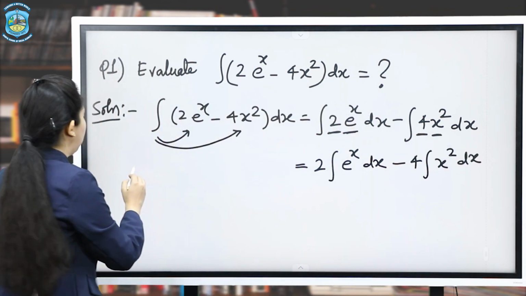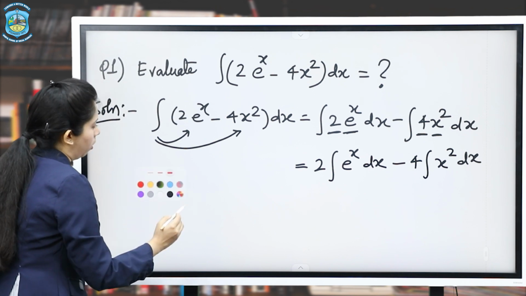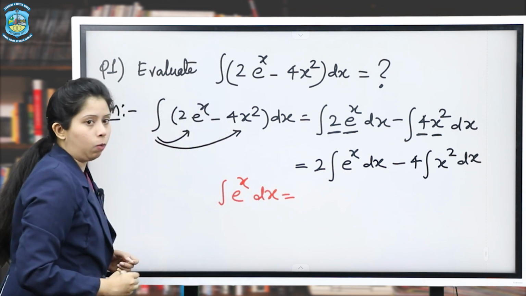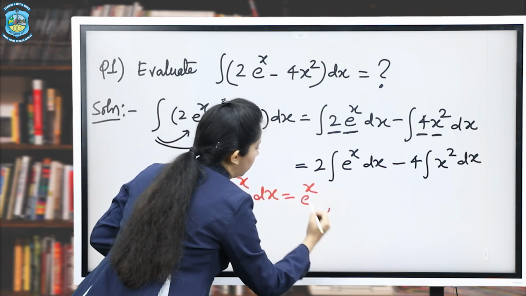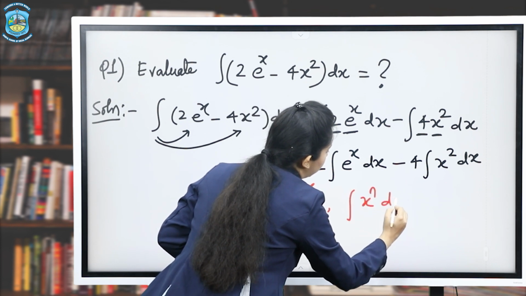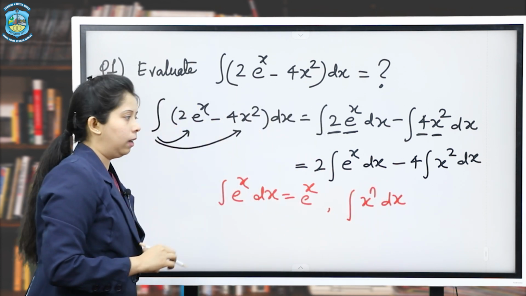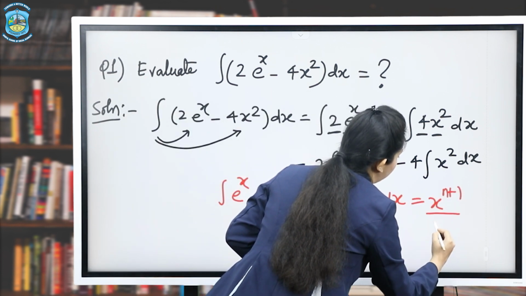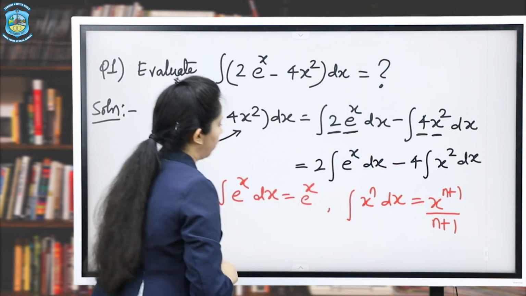So, now here we have the formula for integration: integral of e raised to the power x dx is equal to e raised to the power x. Similarly, we have the power rule for integration: integral of x raised to the power n dx is equal to x raised to the power n plus 1 divided by n plus 1.